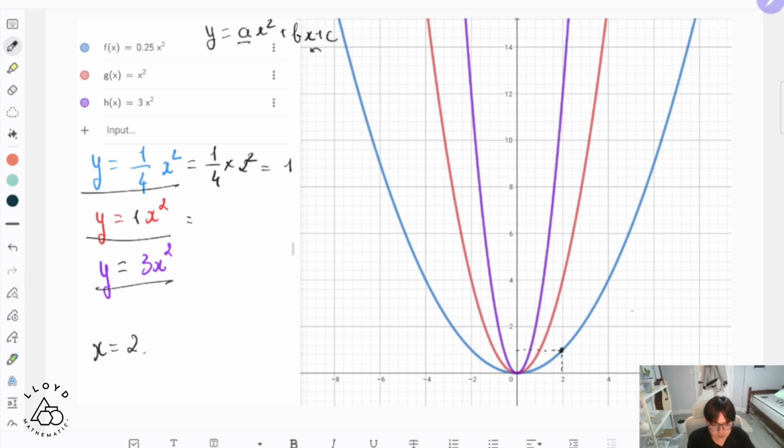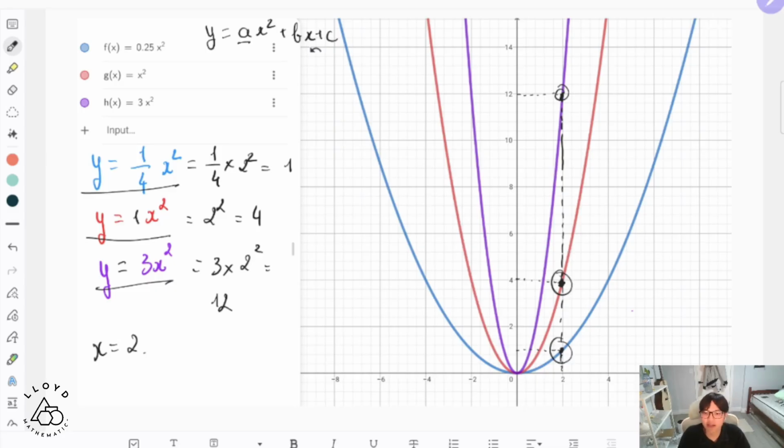The second one is 1x squared, so 2 squared equals 4. And the third one with x equal to 2 is 3 times 2 squared, which becomes 12. So 12 at this point. As you can see, this point, this point, this point.